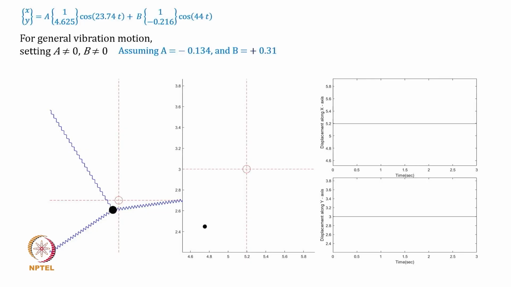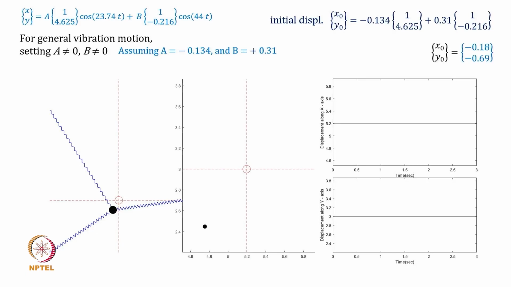So we take some arbitrary A and B values, and with that the initial displacement turns out to be this value, minus 0.18 and minus 0.69. That basically is the initial displaced position of the mass at t equal to 0.